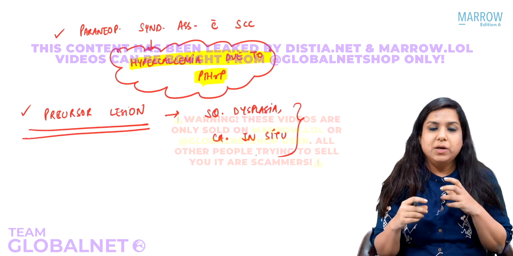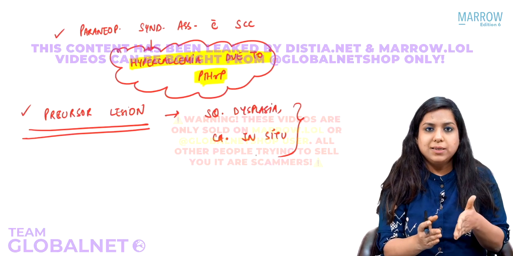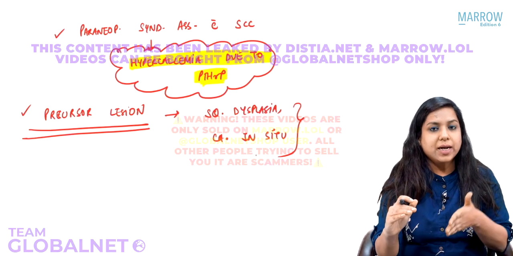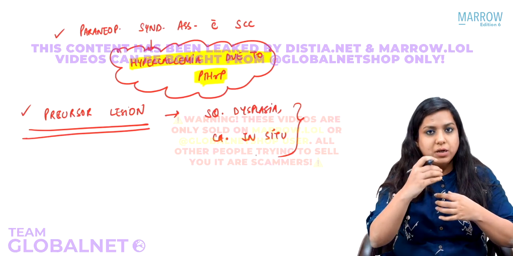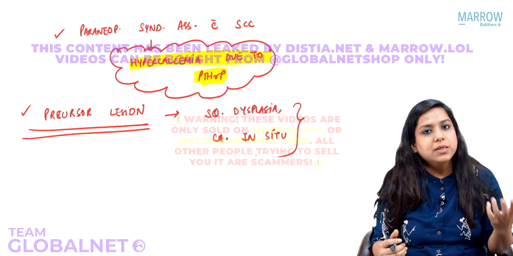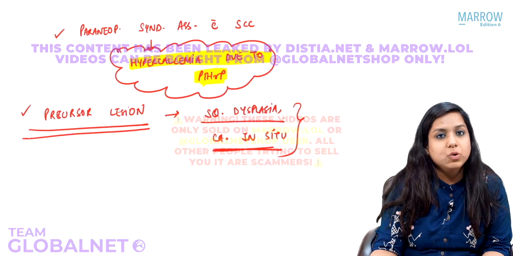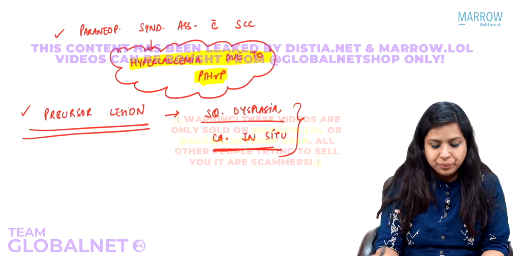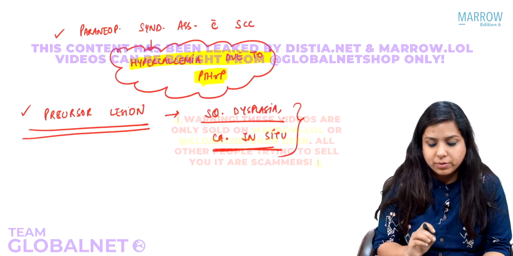What is carcinoma in situ? You all know the basics of neoplasia. In situ cancer, basement membrane is intact. Invasive cancer, the basement membrane gets invaded. Tumor cells cross the basement membrane and infiltrate the stroma, correct? So these two, squamous dysplasia and carcinoma in situ, are the precursor lesions for squamous cell carcinoma of lung.